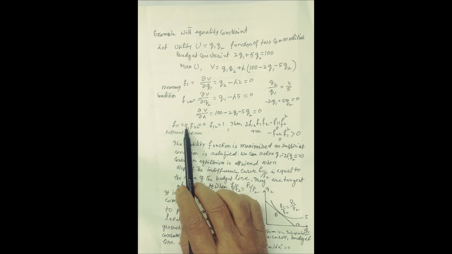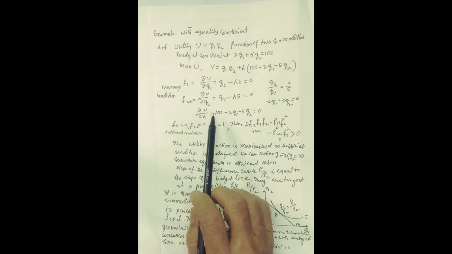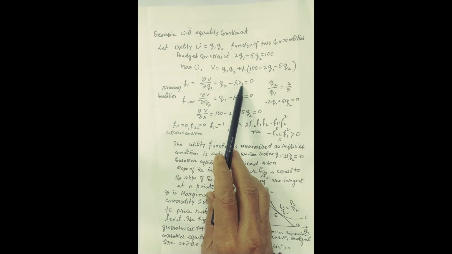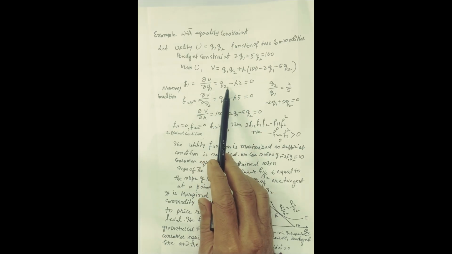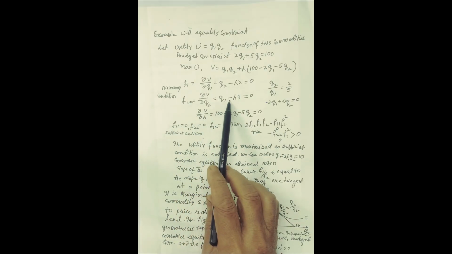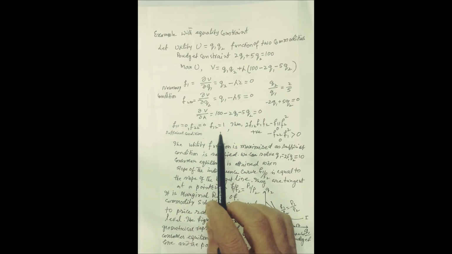F11 we have found is 0, F22 is 0. Because if we differentiate with respect to Q1 again, there is no Q1, so it is 0. For F22, there is no Q2, so it is 0.